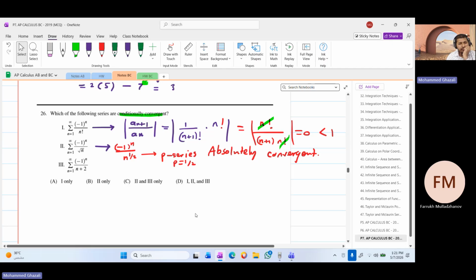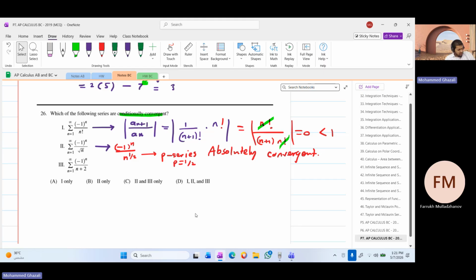-1 to the power n, absolute of an. First, the series is alternating, so we can use the alternating series test.